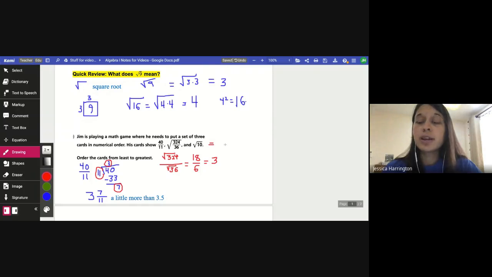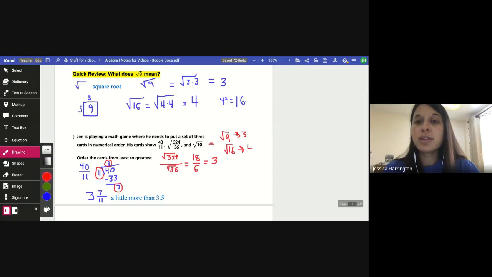All right, and then the last number I have to deal with is the square root of 10. There is no whole number I can multiply by itself that's going to give me exactly 10, right? But here's what I know. I know the square root of 9 is 3, and that's 1 below it. And the next number I know is the square root of 16 is 4.